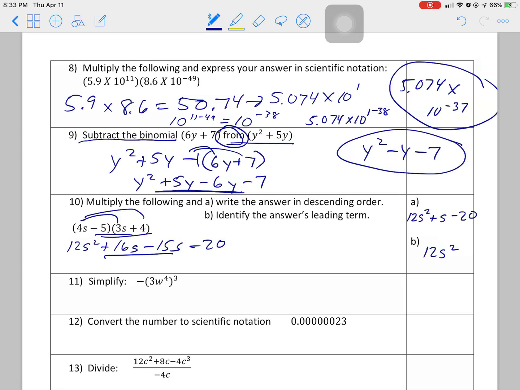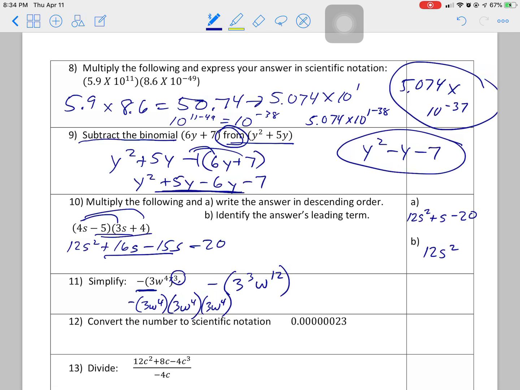Okay. Simplify. Order of operations. You are not allowed to multiply that before you handle this exponent. So negative stays there. 3 to the 3rd, w to the 12th. We are multiplying across. This little 3 here means we have 3 of these.